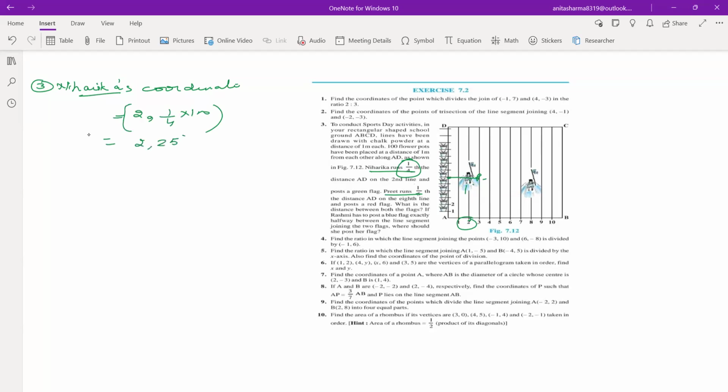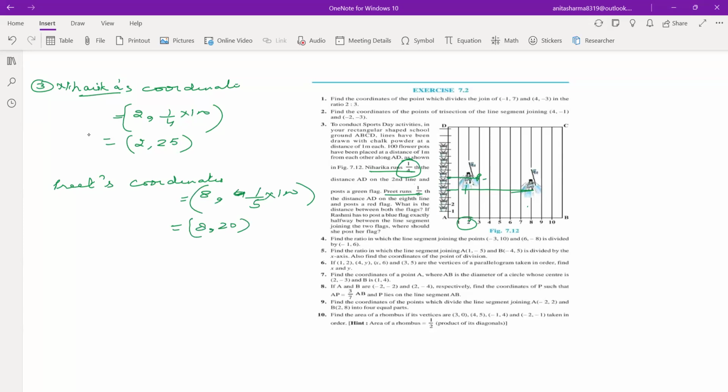So 2 comma 25. In the same way, Preet's coordinate, what is? She is in 8th row, right, beta? So 8 comma 20, and here it is 1/5 of 100, right, beta? So 8 comma 20.